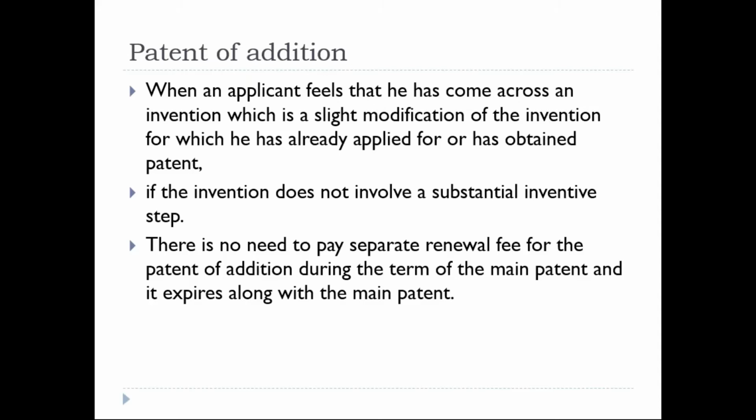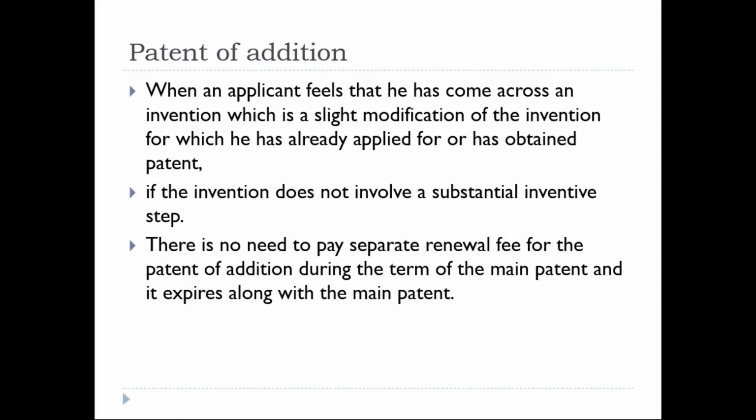You may ask this question again. I'll give one example here also. For example, as I said, you have a pen with the option to switch over from ballpoint to gel pen. Again, if you just want to add a third feature of adding the ink pen also to it, in that case, you can go for patent of addition, right?